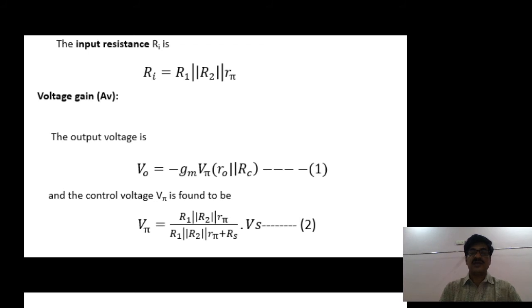Therefore, in a series connected circuit, the voltage formula you can write directly as the applied voltage, that is Vs, into the resistance at which you have to find the voltage, that is Ri, divided by Ri plus Rs, the total resistance. Like that you can write the V pi equation and substitute equation 2 in equation 1.